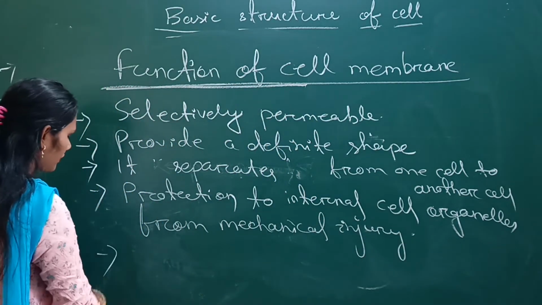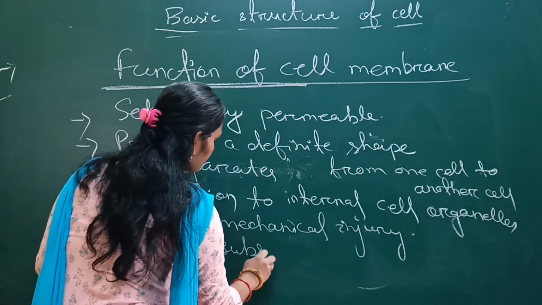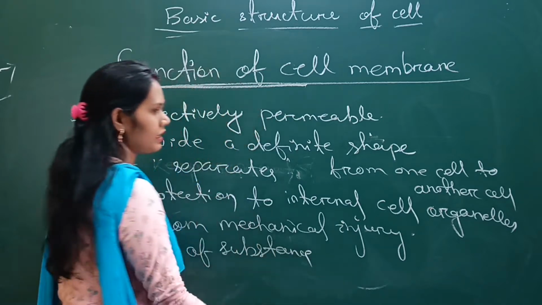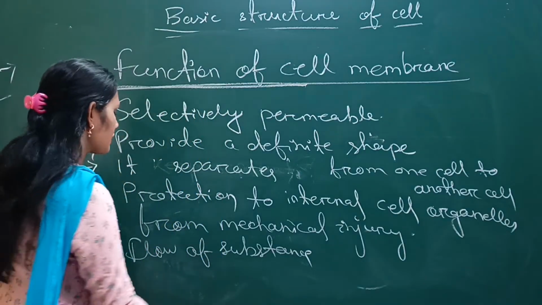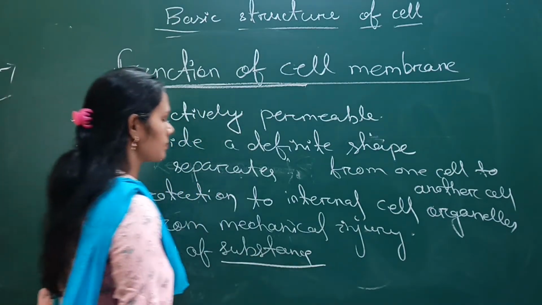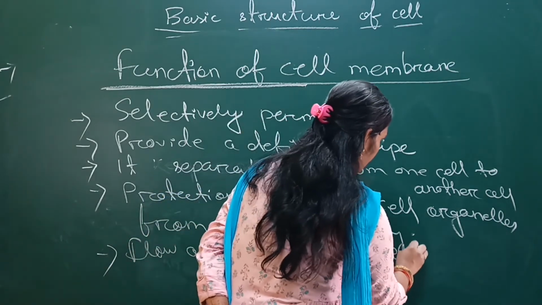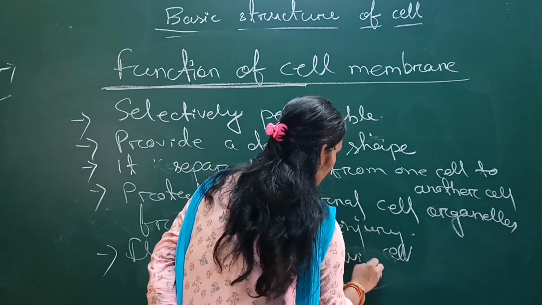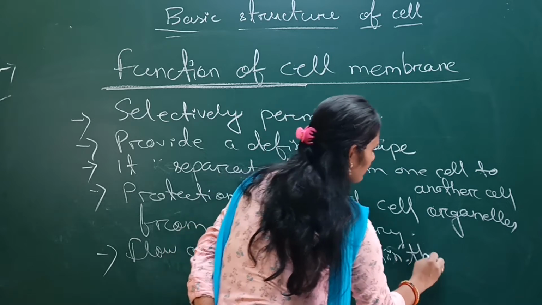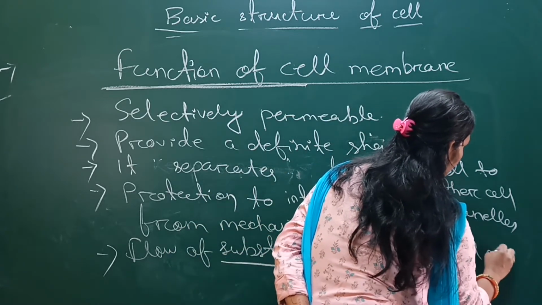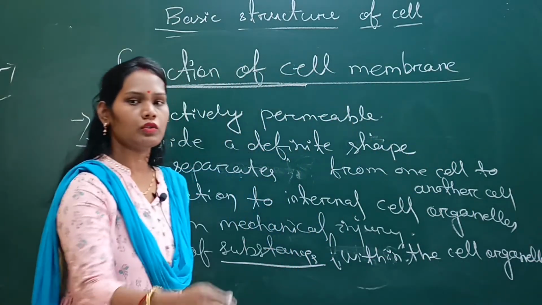Next, it allows flow of substances. What type of substances? Any minerals, any nutrients, water molecules, any soluble material, etc. It allows flow of substances within the cell organelles and also from cell to cell.